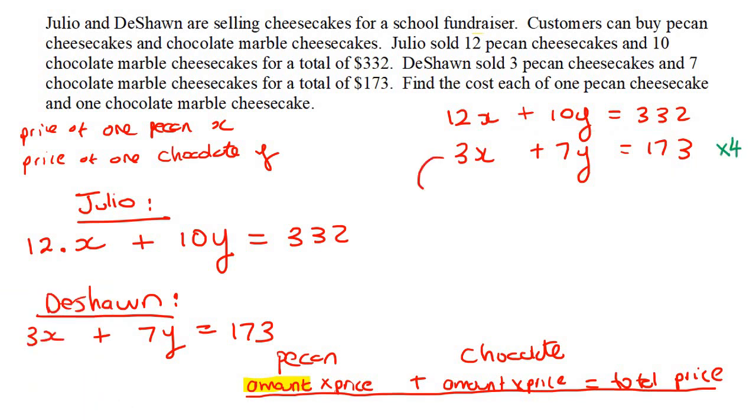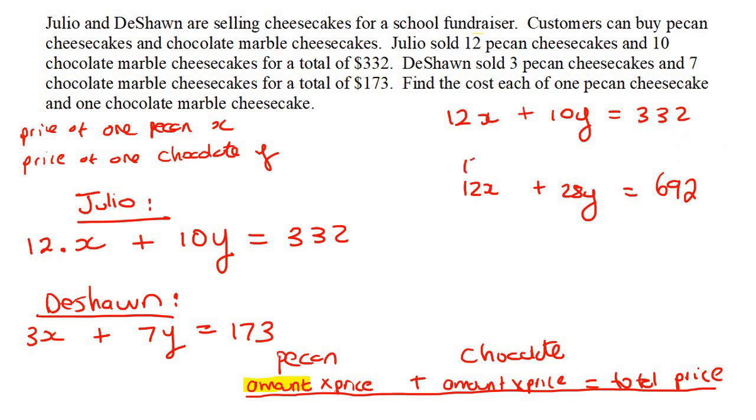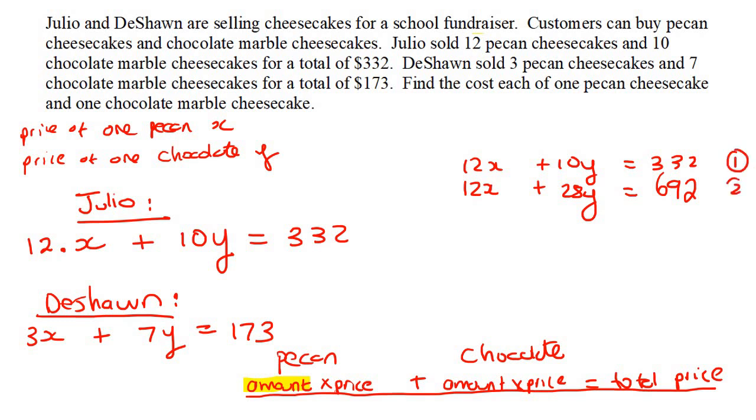That's going to give us a new equation of 12x plus 28y equals, now I definitely need my calculator, 692. Then I'm going to erase this equation and write the top one a little bit closer. It feels a bit weird when they're so far apart. Okay, there we have it. Now I'll call this equation number 1 and equation number 2.